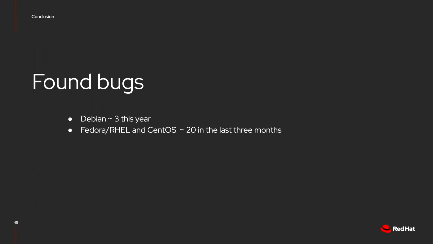Yeah, that was it. I also looked up how many bugs we actually found in the distributions. For Debian it was only 3 this year, from what I can roughly find. For Fedora, RHEL, and CentOS, we reported 20 bugs in the last 3 months. And then there's other fun stuff.